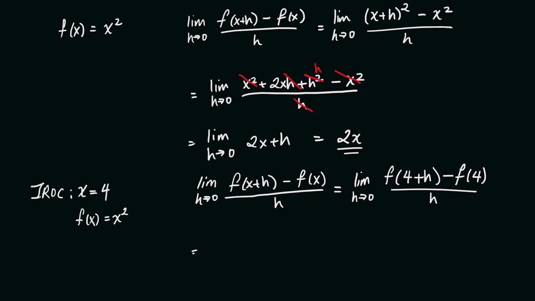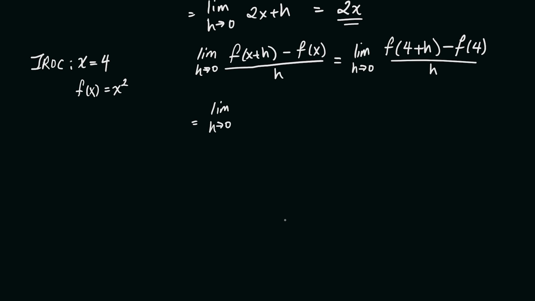So now, that ultimately leads us to the limit as h approaching 0 of 4 plus h squared minus, well, since f of x equals x squared, that means that f of 4 is equal to 16 because 4 squared equals 16, right?